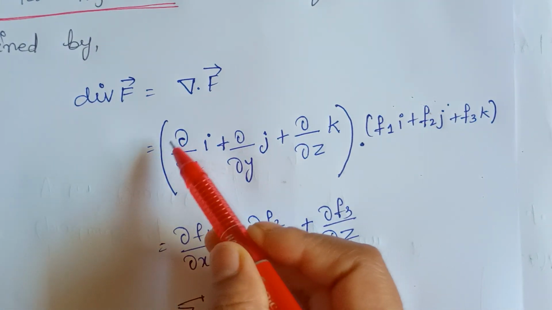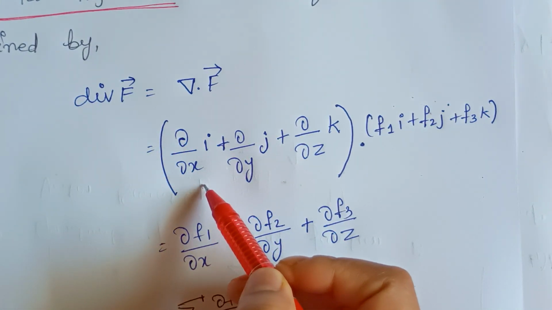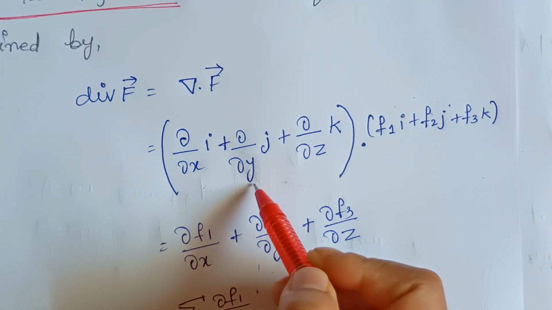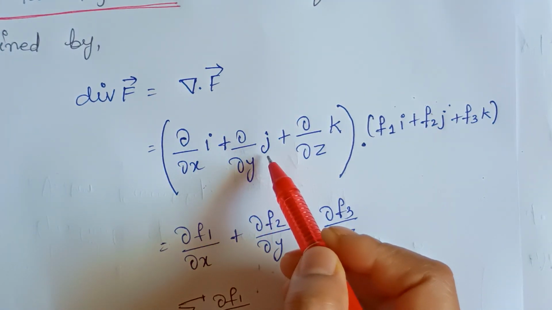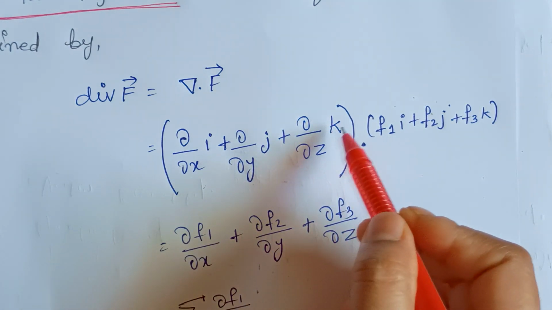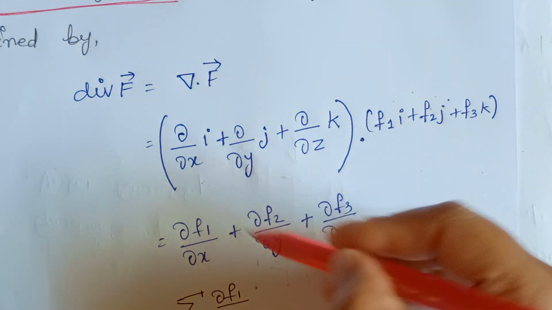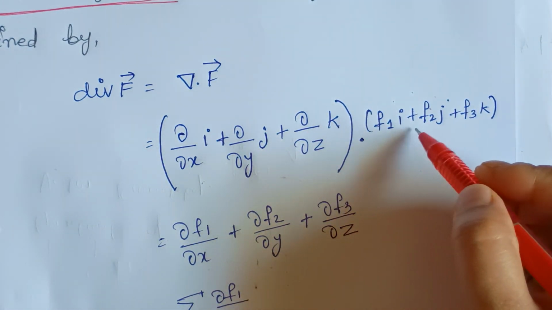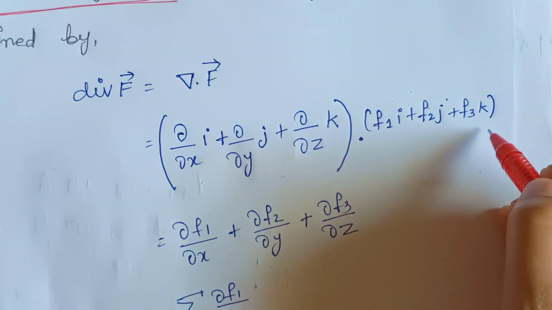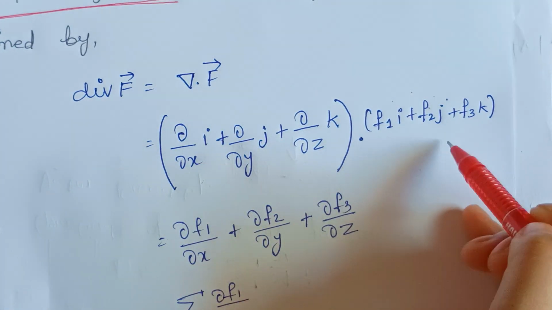That is written as partial differentiation with respect to x times i, plus partial differentiation with respect to y times j, plus partial differentiation with respect to z times k, whole multiplied by f1 i plus f2 j plus f3 k. This is del, and this is vector f.